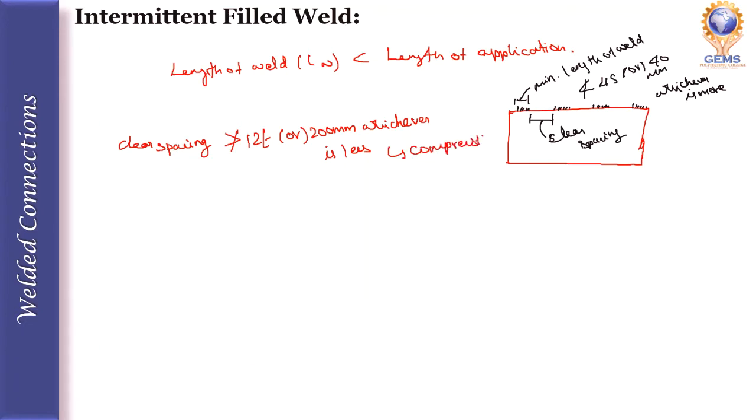If the same intermittent fillet weld is in tension, it should not be greater than 16t or 200 mm, whichever is less, if it is in tension.